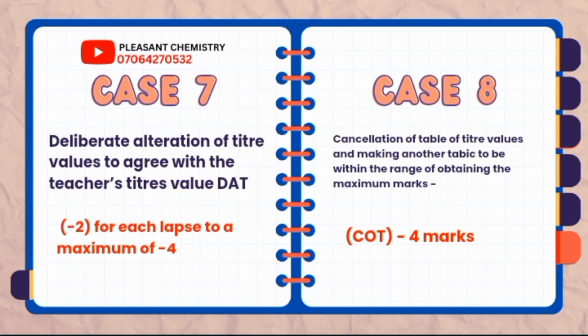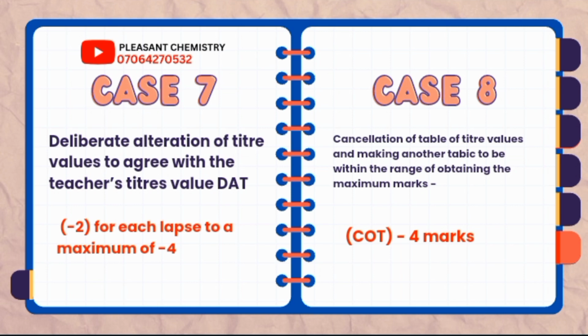If you cancel, it will attract -4 marks. Case 8, cancellation of table of TITRE values and making another to be within the range of obtaining the maximum marks. What case 8 is trying to explain is, you are done with your tables of value like I showed earlier, and deliberately you cancel everything and you now rewrite another one.